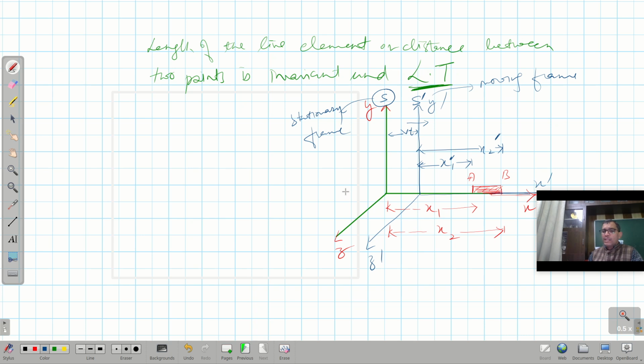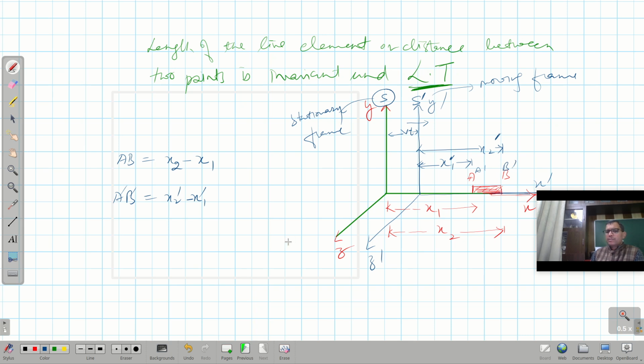So how are the coordinates related in the two frames of reference? As I know, this AB distance in the stationary frame of reference is x2 minus x1, and in the prime frame, A prime B prime distance is x2 prime minus x1 prime. Let us call it A prime B prime, just for the sake of simplicity.